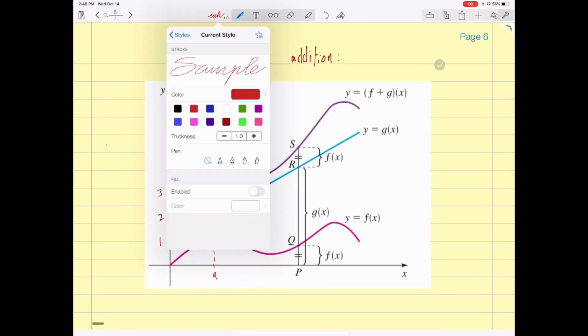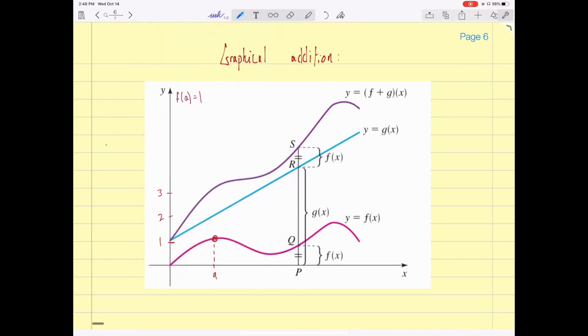And then if we go up to the blue line, so I'm going to still go through that point, go up to the blue line. Well, what is g of A? Well, according to the numbers I put on the scale, g of A is 2. Well, the purple line represents f plus g of x.